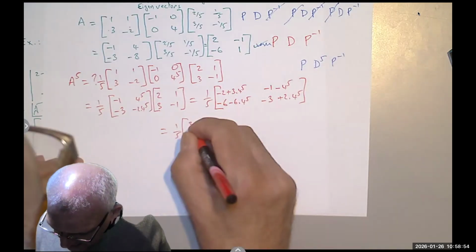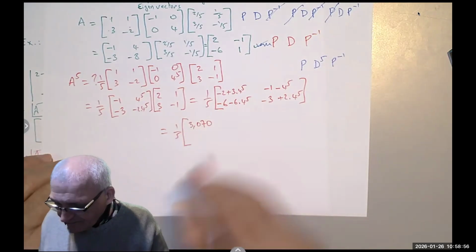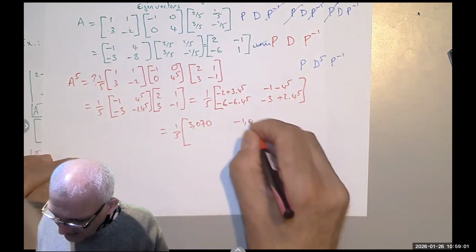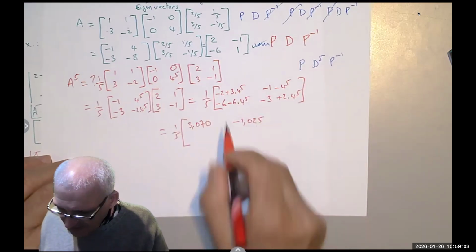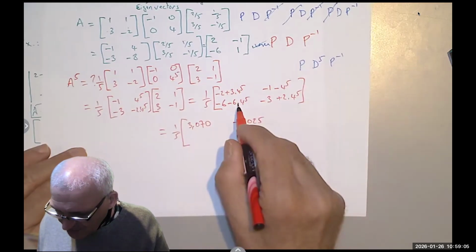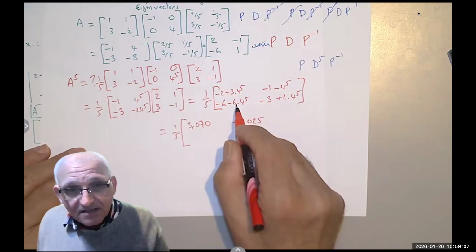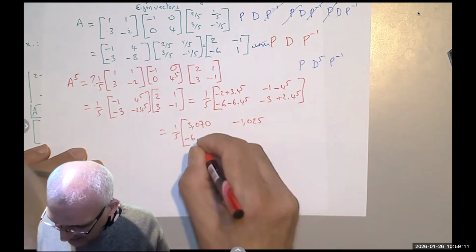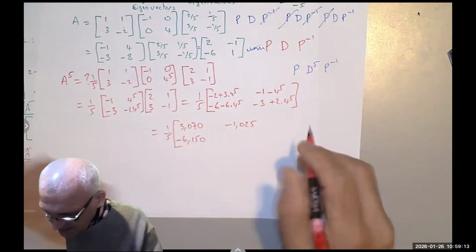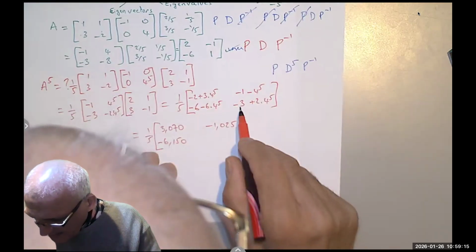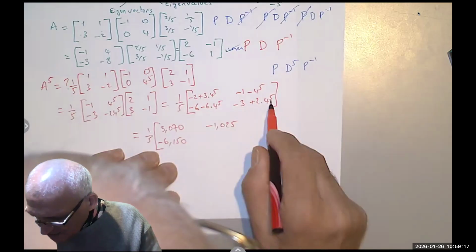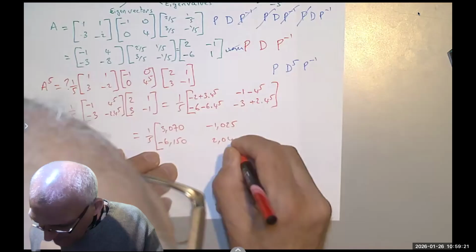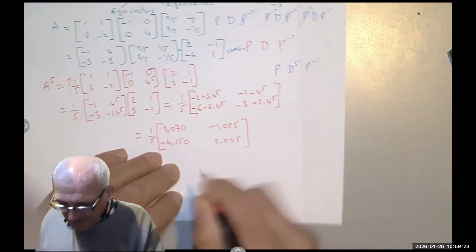So this is 3070. This is -1025. 1024 times 6 is 6144. So -6150, if I did it correctly. And this is 2045. I don't know, something like that.